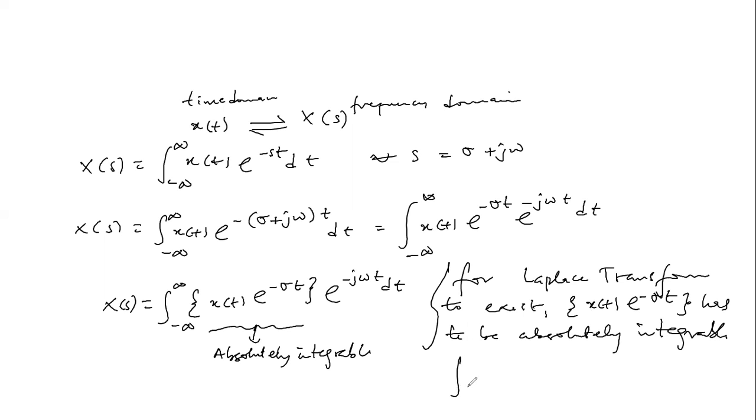That means that by the time we take the integral from negative infinity to positive infinity of the modulus of s(t) e^(-sigma t) dt, it should give us a finite value, okay? So for this integral to be absolutely integrable, we must figure out the values for which sigma is finite.